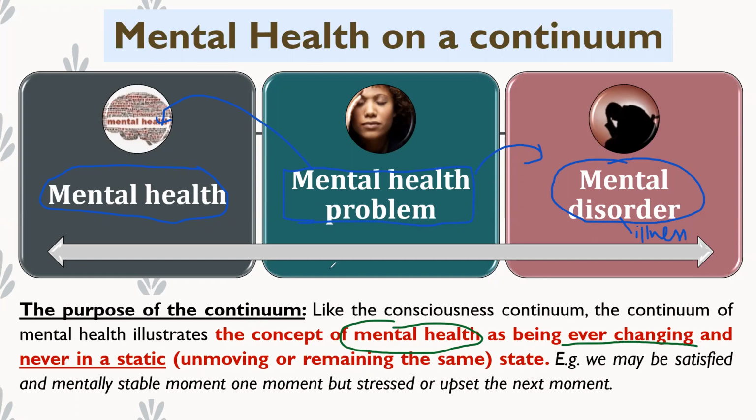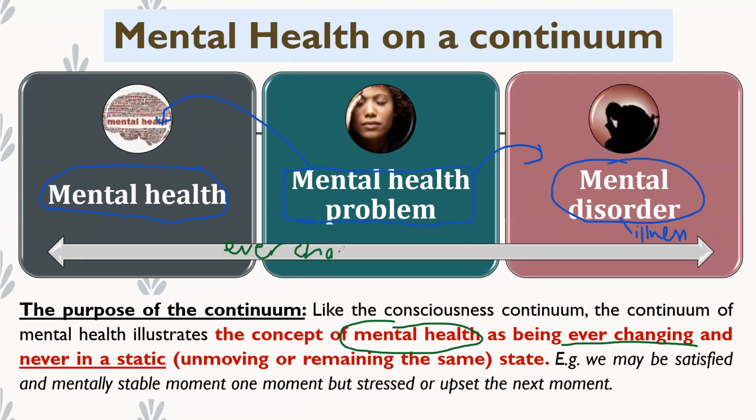It's not like our mental health is always the same. If I'm happy or feeling stable and not stressed today, that doesn't mean I'm not going to be stressed a week from now, a day from now, or even half an hour from now. That's the basic idea of the mental health continuum, to show us that mental health is an ever changing concept.